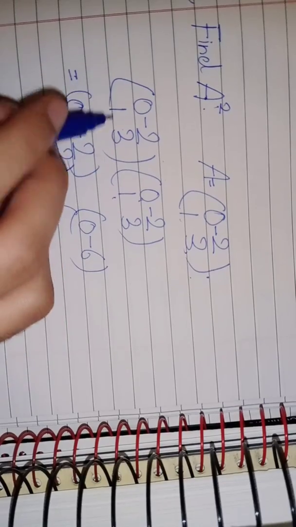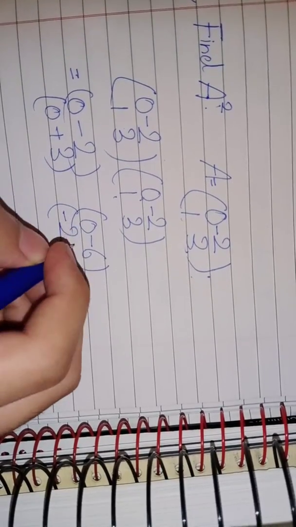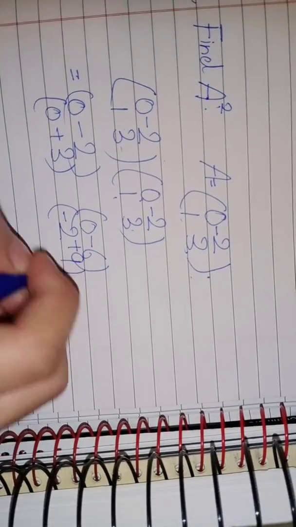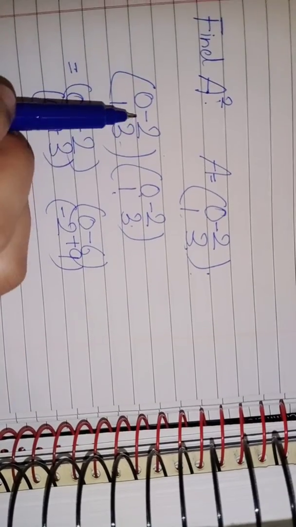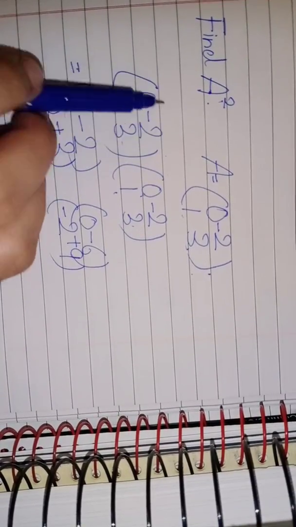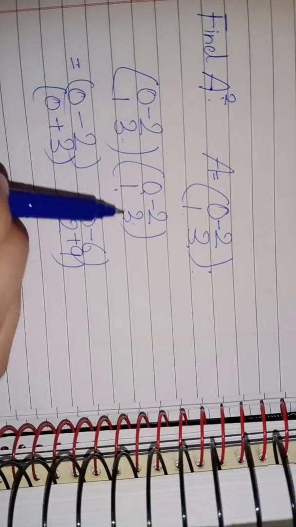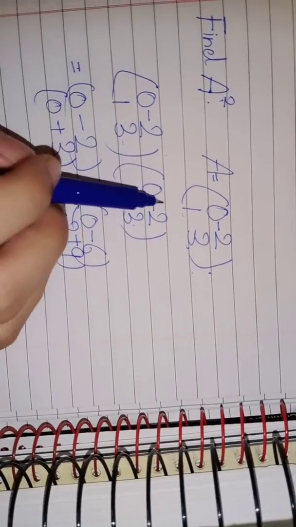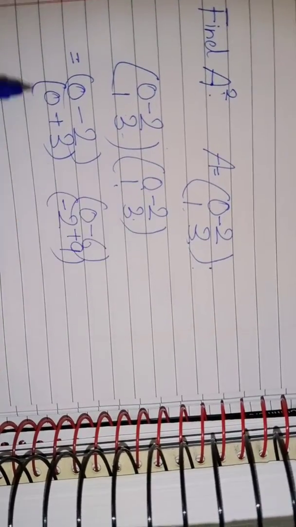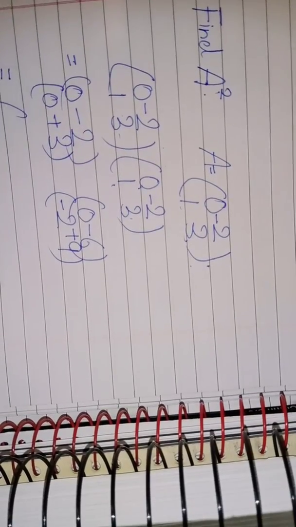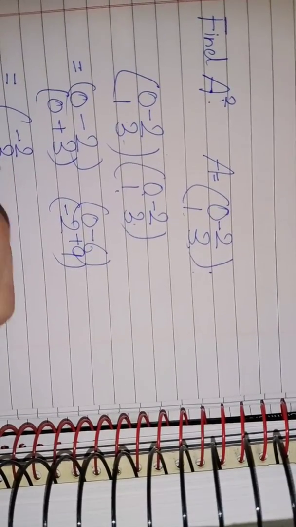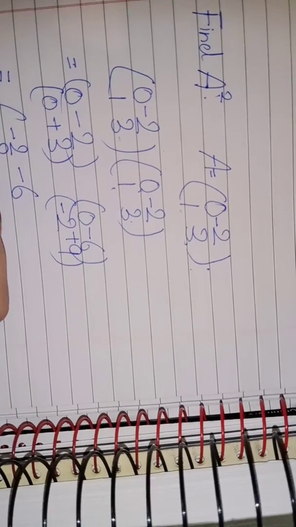And this will be 1, 2 are minus 2 plus 3, 3 are 9. Notice that I multiplied them in columns with rows. Columns with rows. In column, row, column, row. So this will be minus 2, 3, minus 6, and that will be 7.